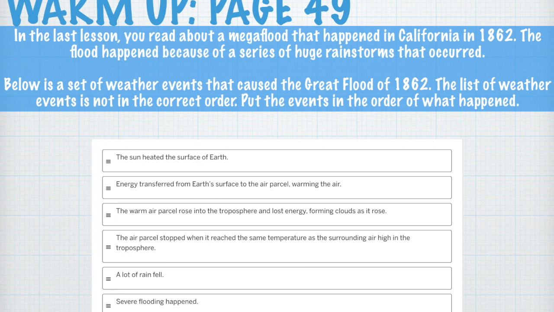Then in 1862, it experienced a series of large rainstorms that caused a mega flood. You're going to focus on the changes that occurred to cause change in rainfall, resulting in the Great Flood. When you are finished rereading, please join back.